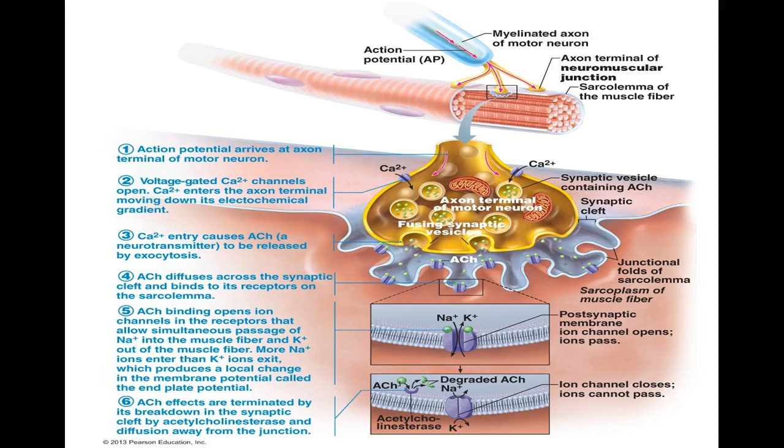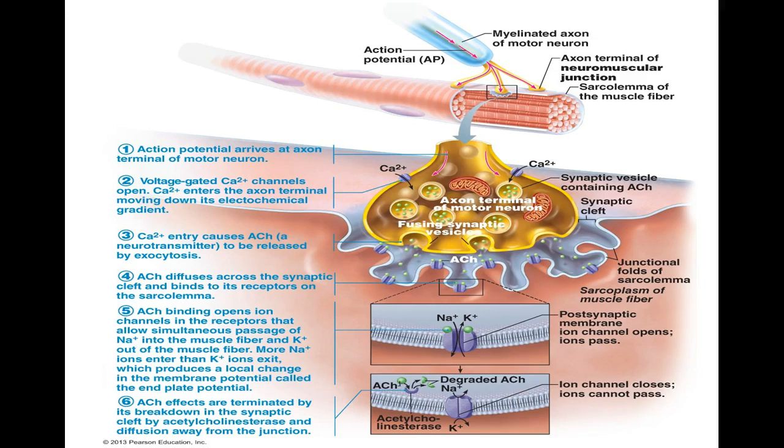So what we did was we got the calcium that is moving along the neuron, and that's causing a change in the permeability, allowing this neurotransmitter, acetylcholine, to be released.